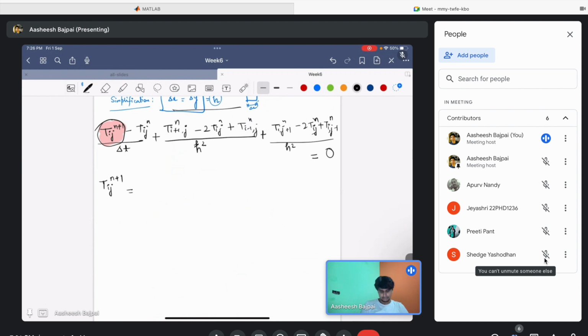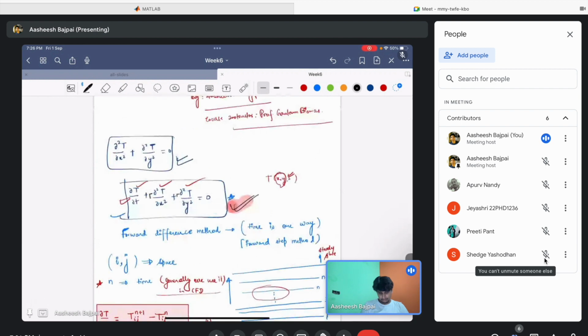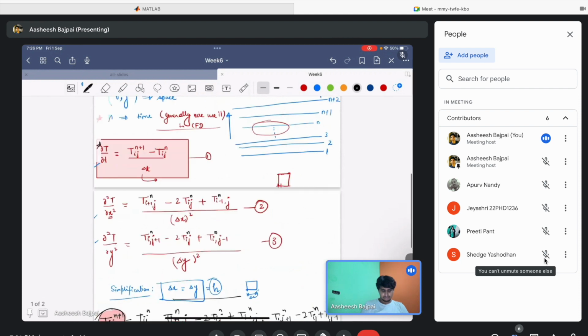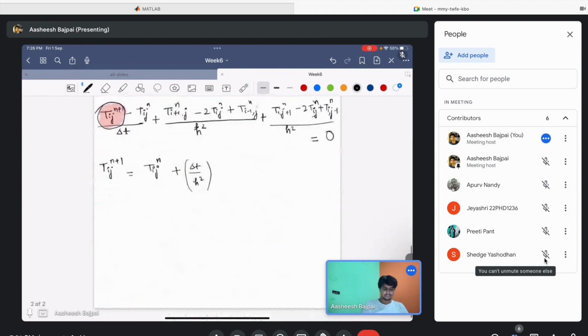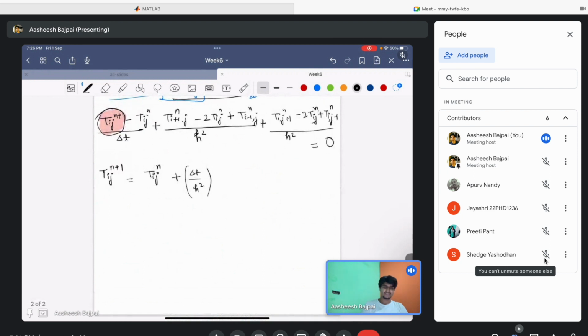So this is very important. I'm taking this on the other side, plus delta t over h square, and sometimes you have this gamma here, gamma, alpha, anything here. I'm just solving a very general kind of equation in which you can take minus also, plus also. It's your choice. Any kind of equation you can solve. So h square I have taken common.